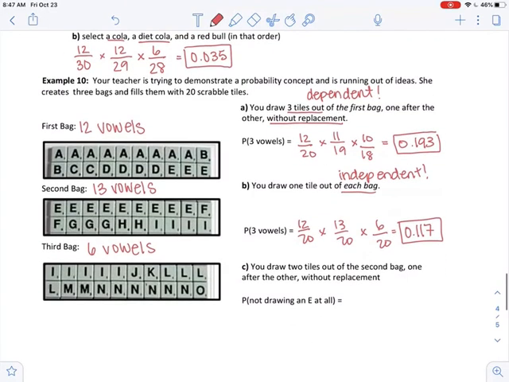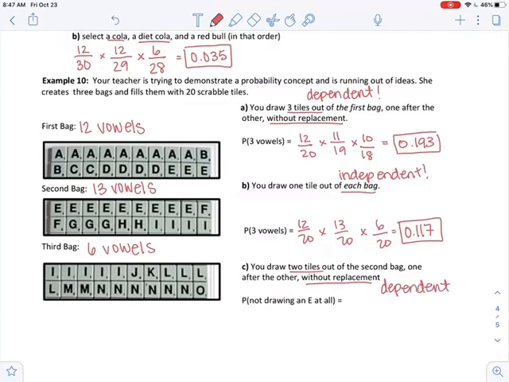Lastly, it says you draw 2 tiles out of the second bag, one after the other without replacement. What is the probability of not drawing an E at all? So we're looking at the second bag.